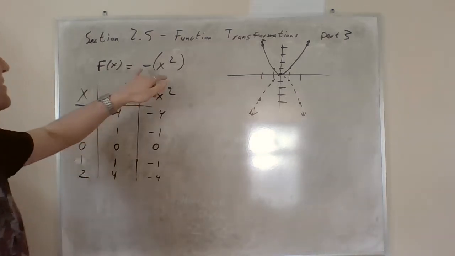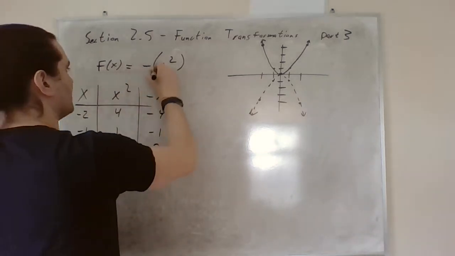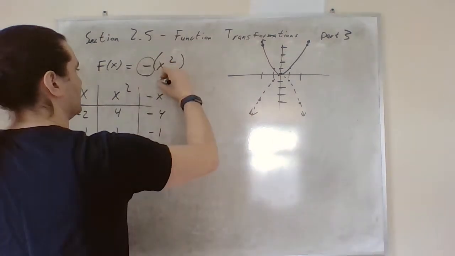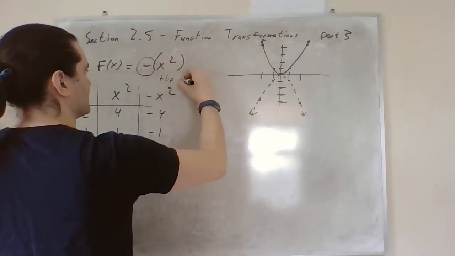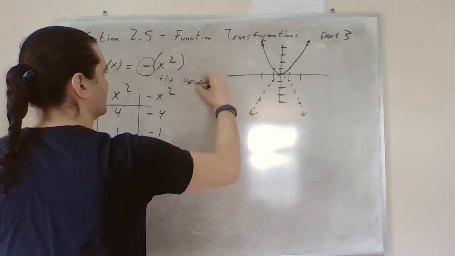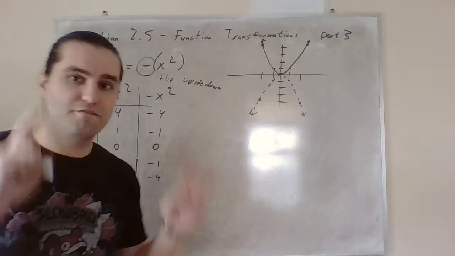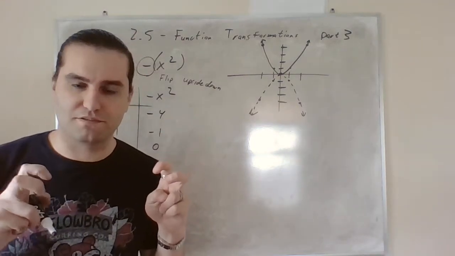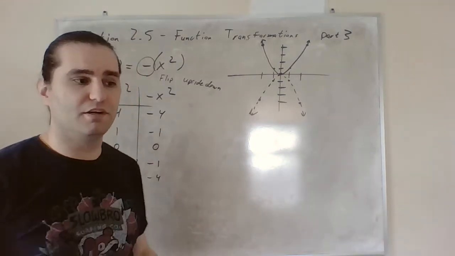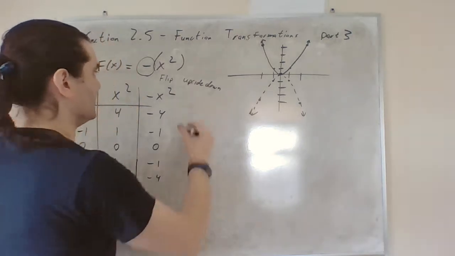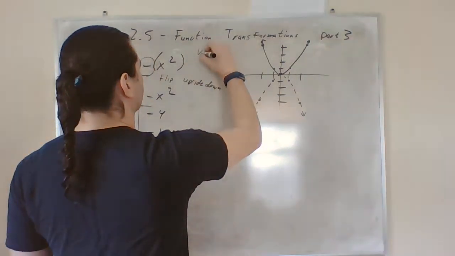So this negative on the outside flips us upside down. So flip upside down is my words for what's happening here. The book calls this a vertical reflection.